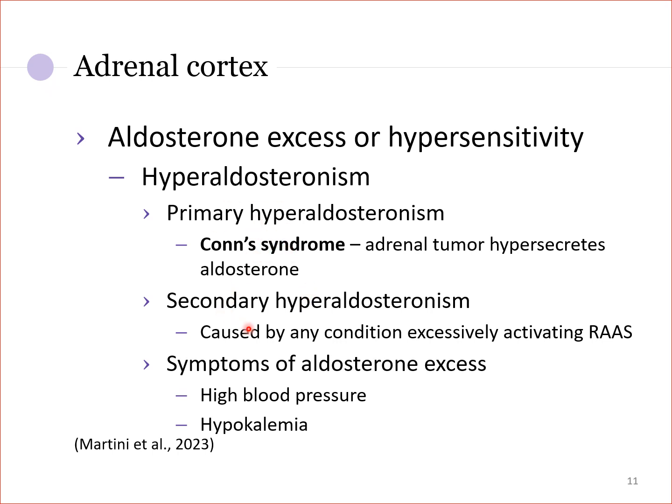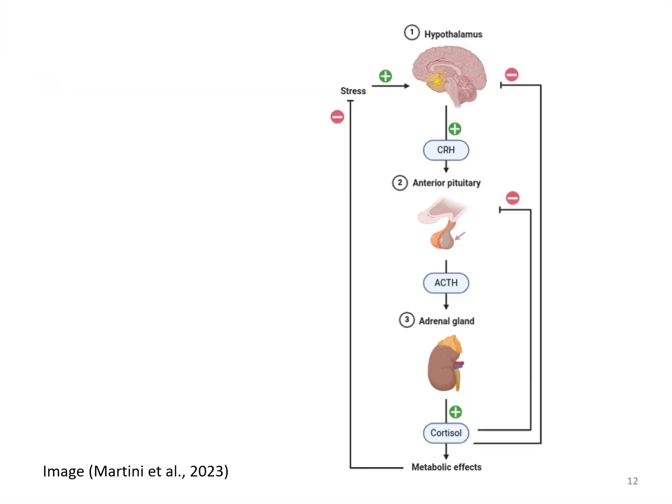The secondary is when it is getting signals from an increase of renin, by any means, causing secondary hyperaldosteronism. Symptoms are increased blood pressure and hypokalemia, which is a decrease of potassium. So this shows how things work.